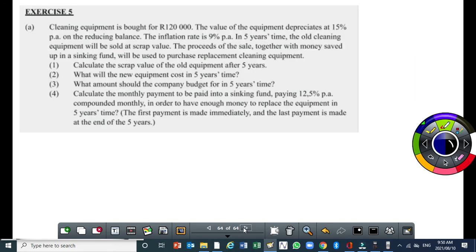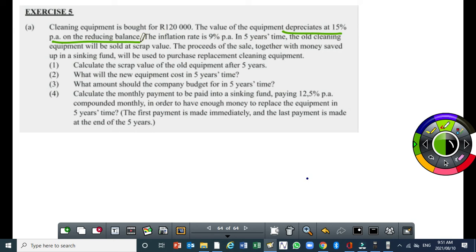Let's do an example quickly. I might do one question, but I'll carry on tomorrow. So, cleaning equipment is bought for 120,000 rand. The value of the equipment depreciates. So we have got depreciation. It depreciates at 15% per annum on a reducing balance.